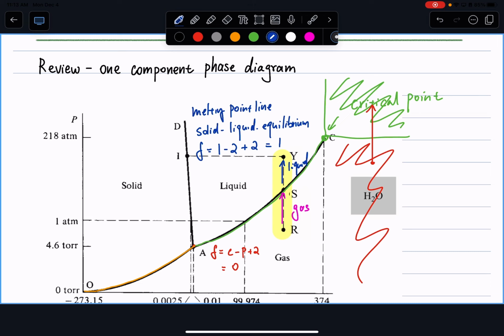So if we plot it on here, let's just put a random start point at R, at a relatively low pressure. The increase of your molar Gibbs free energy with respect to pressure is a natural log function. So it looks something like this, until it reaches that equilibrium point S.